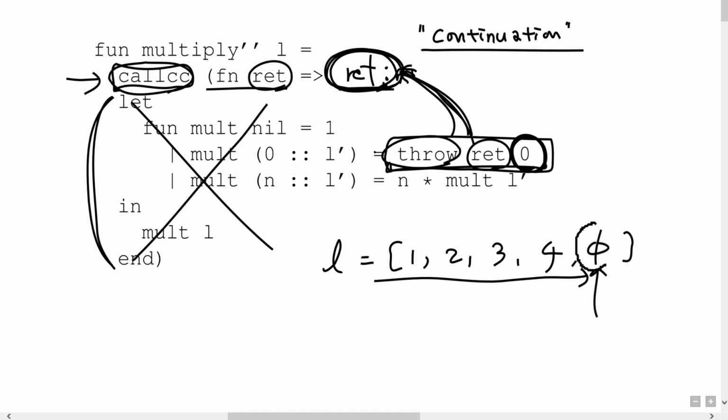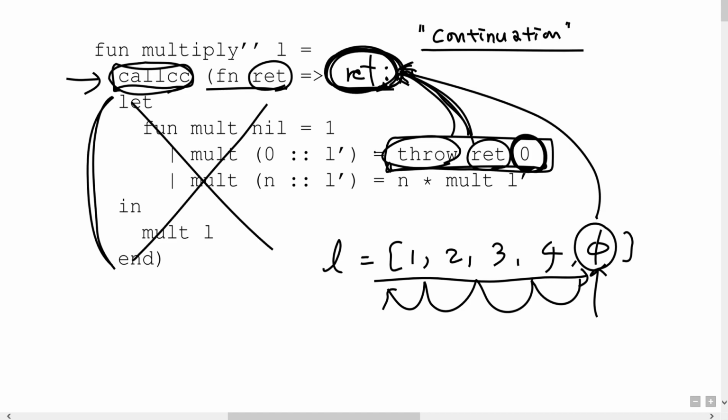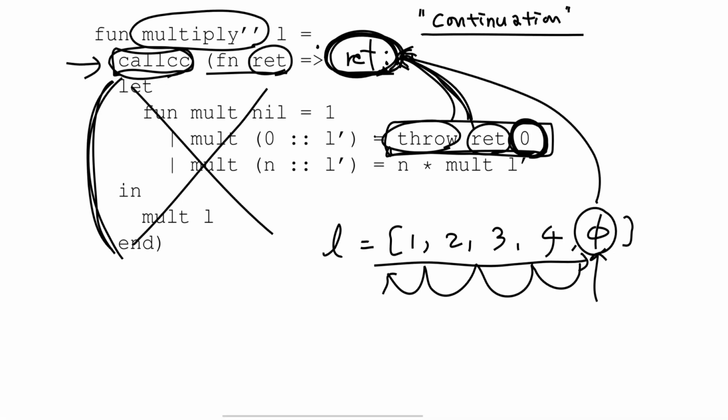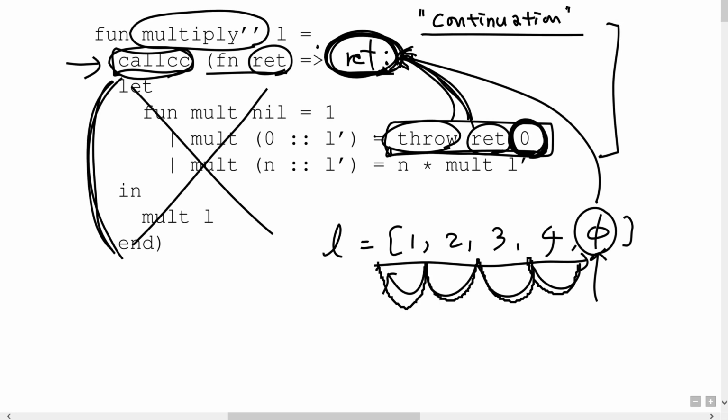Now we hit the first 0. And what happens is we don't even return, because we make a direct transfer of control to this label. In some sense, we go back in time to when this multiply double prime was called, and then proceed as if the function body was 0. So notice that if we encounter 0, we don't even return from these recursive calls. So we save the cost.